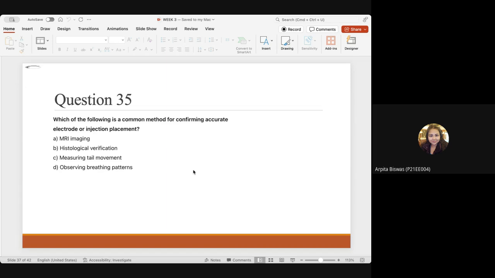Which of the following is a common method for confirming accurate electrode or injection placement? So first is the MRI imaging, second is the histological verification, third is measuring tail movement, and fourth is observing breathing patterns. So please go through the question carefully and try to find out the right option. No, not the MRI imaging.